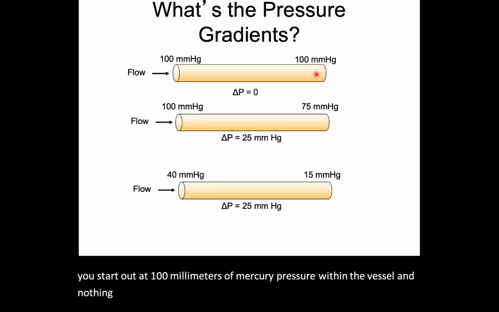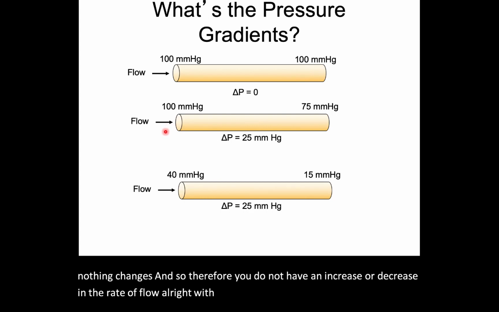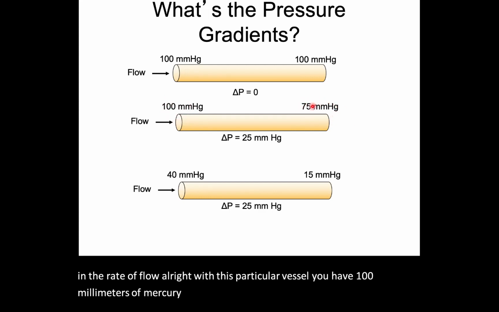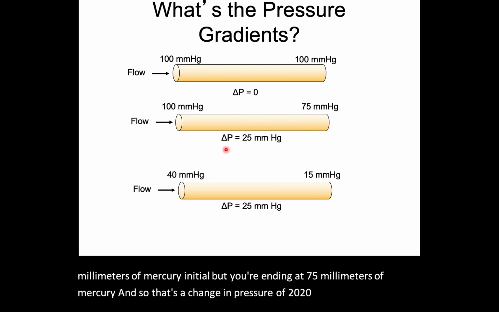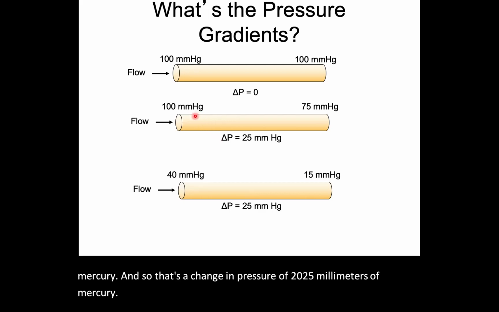Therefore, you do not have an increase or decrease in the rate of flow. With this particular vessel, you have 100 millimeters of mercury initially, but you're ending at 75 millimeters of mercury, so that's a change in pressure of 25 millimeters of mercury. All right, so in this case, what's going to happen?